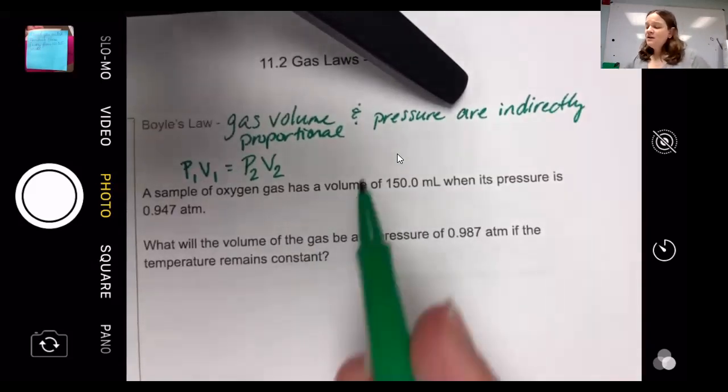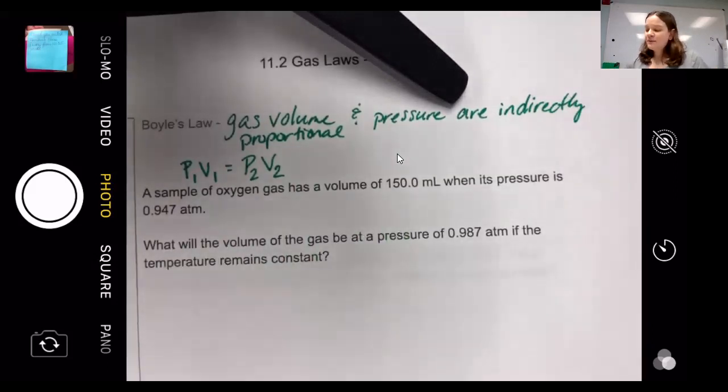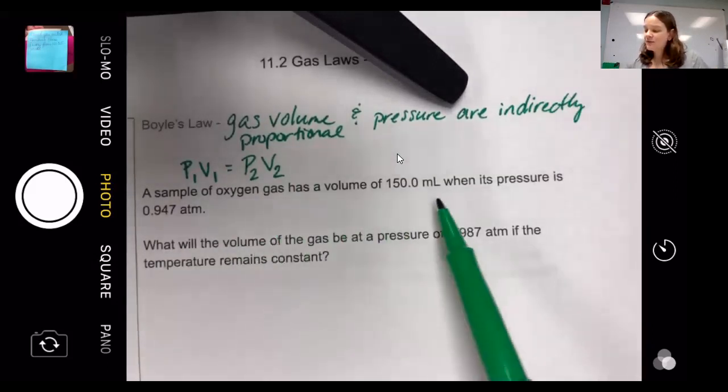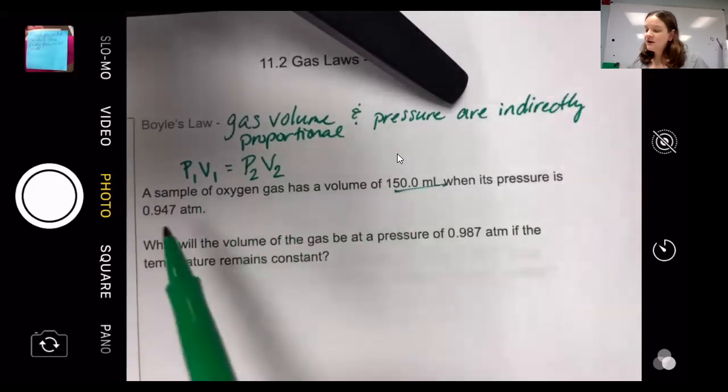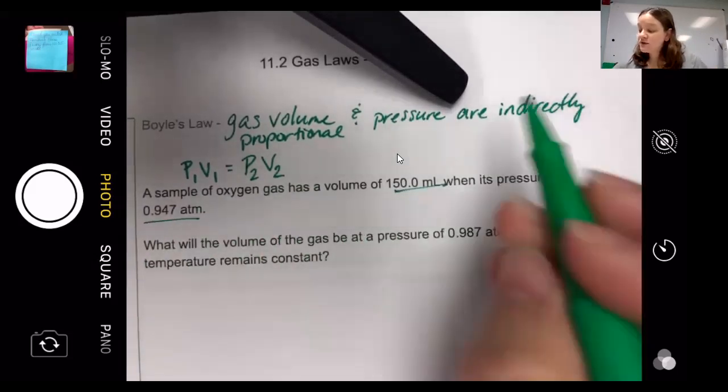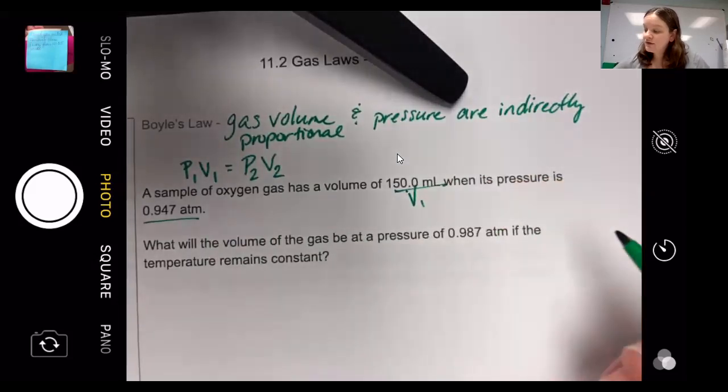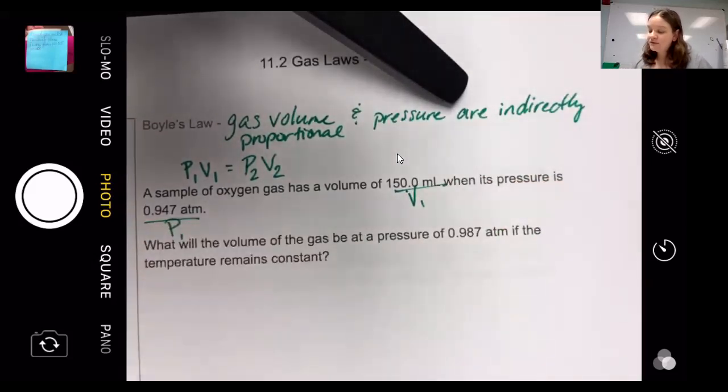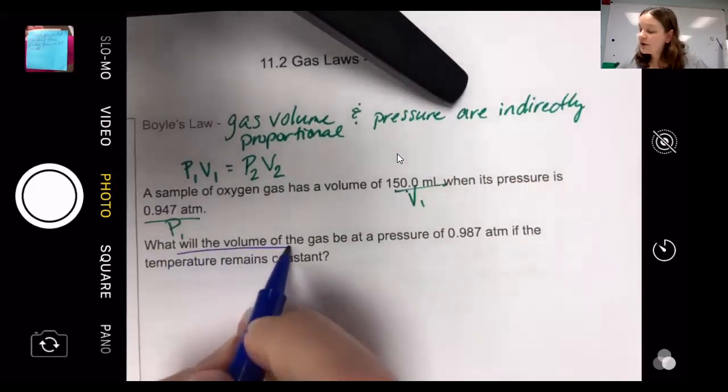So, sample problem. We have oxygen gas with a volume of 150 milliliters and a pressure of 0.947 atmospheres. So here's my V1 and my P1. Then it asks me to find what will the volume be.